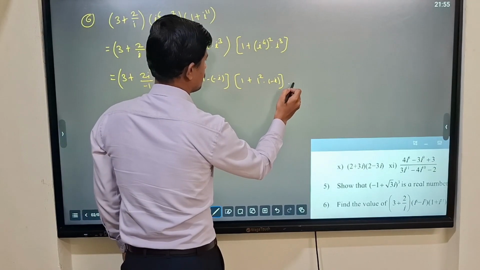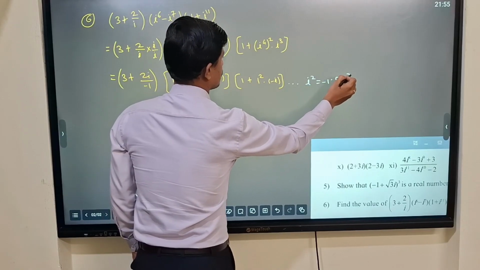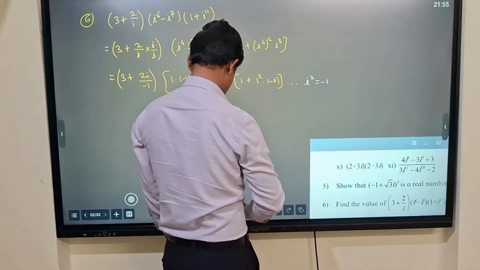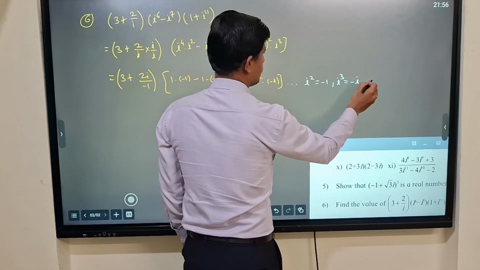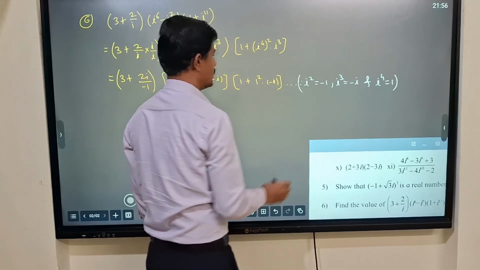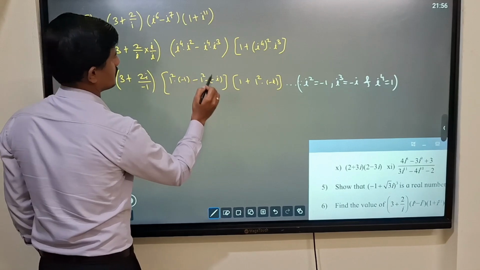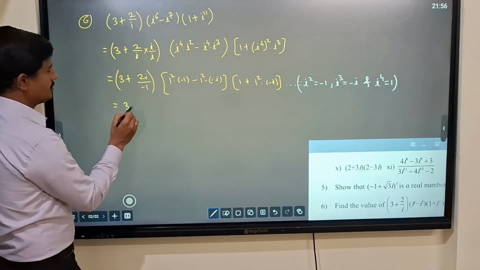Here we are using the formula i squared equal to -1 and i cubed. Basically three formulas we are using: i squared is -1, i cubed is minus i, and i raised to 4 is equal to 1. Now this becomes 3 minus 2i.